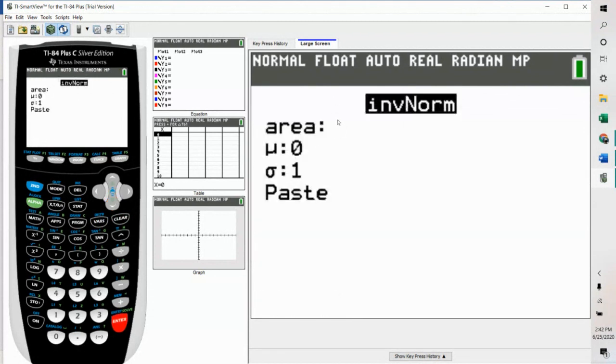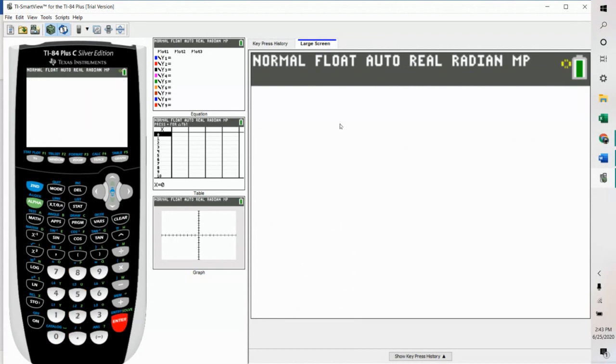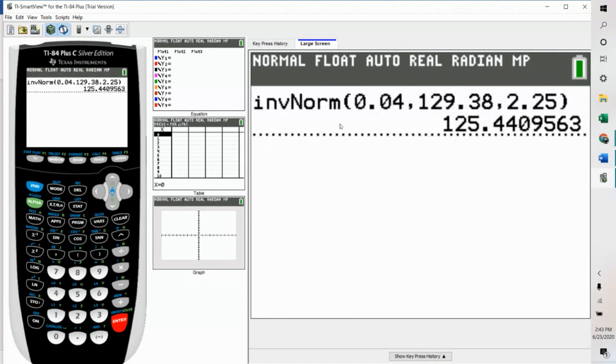The area is your percent, and this always tells you below, how many are below that percent. And so under 4%, we put 0.04. And our mean was 129.38 with a standard deviation of 2.25. Hit enter. The value was 125.44.